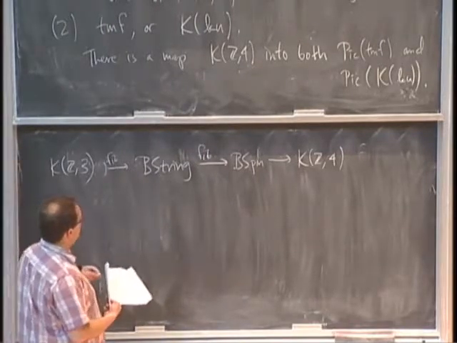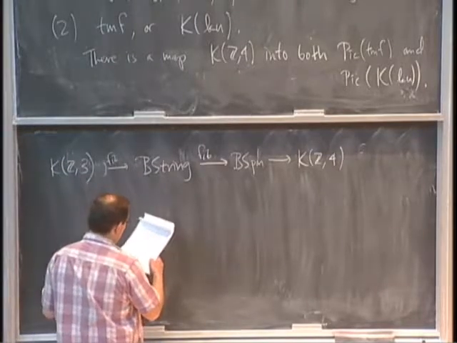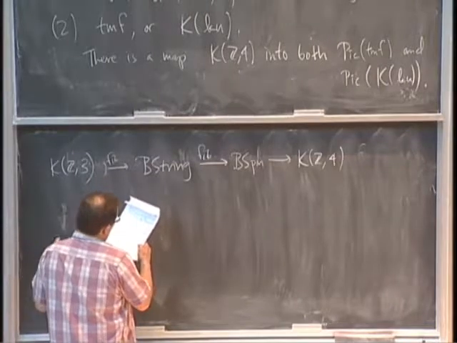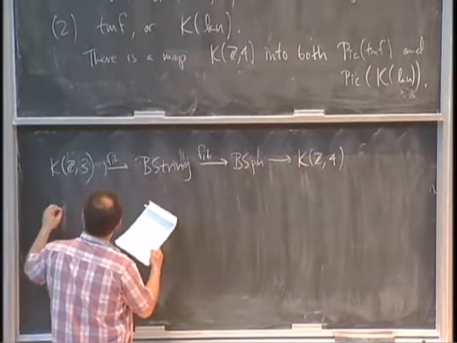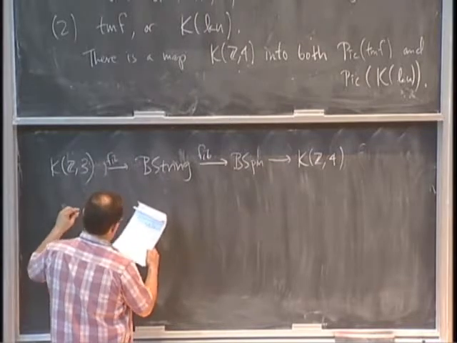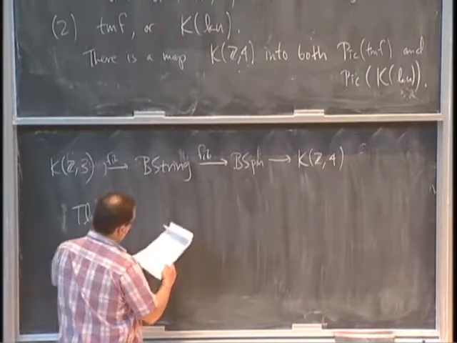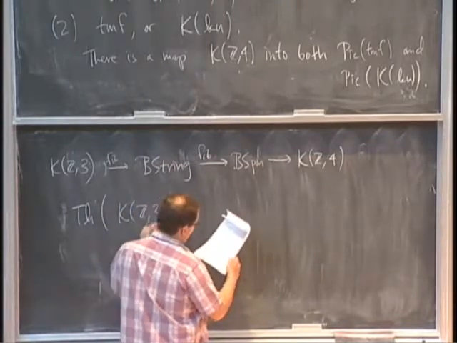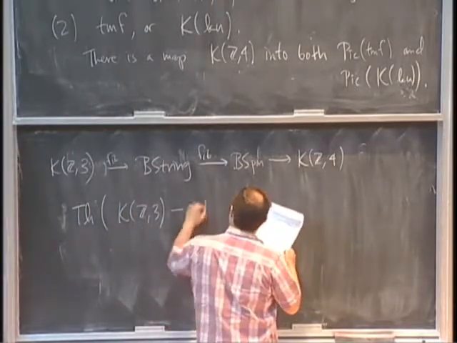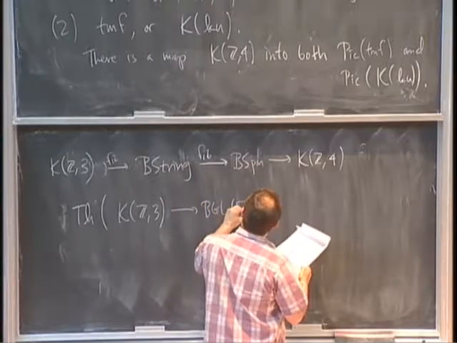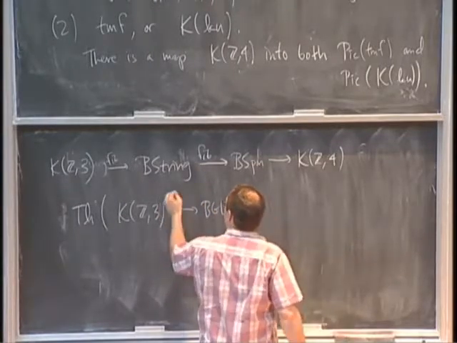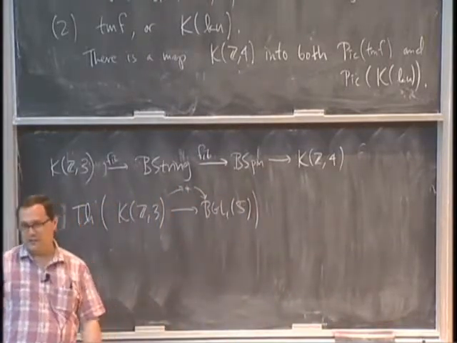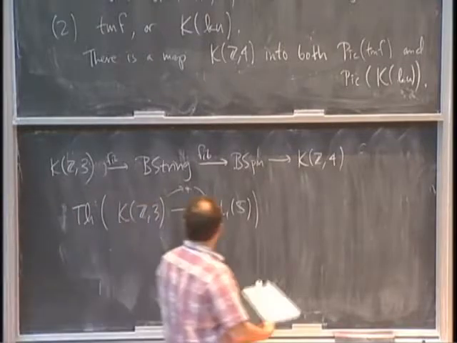So we also have, we can form two Thom spectra now. We can form the Thom spectrum of the following maps. We can do KZ3 into BGL1 of the sphere, which I'm taking to be the trivial map, factoring through the point.